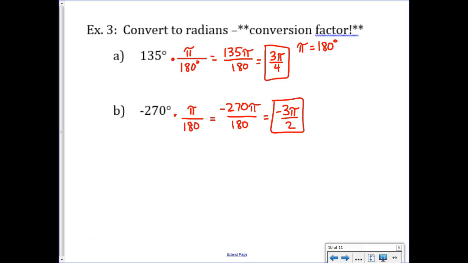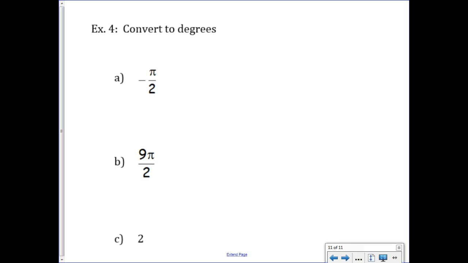All right, then we can go the other direction. To convert to degrees, we want to multiply by 180 over pi. Those pi's will cancel, so we get negative 180 over 2, or negative 90 degrees.